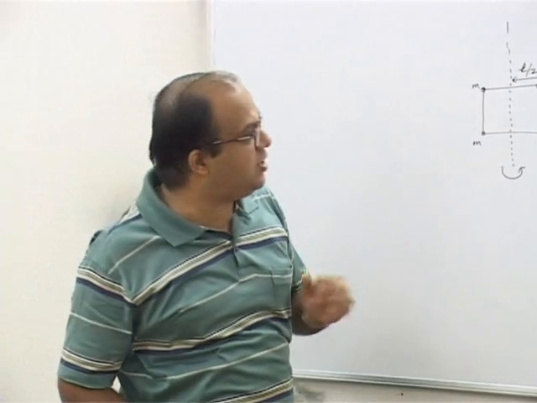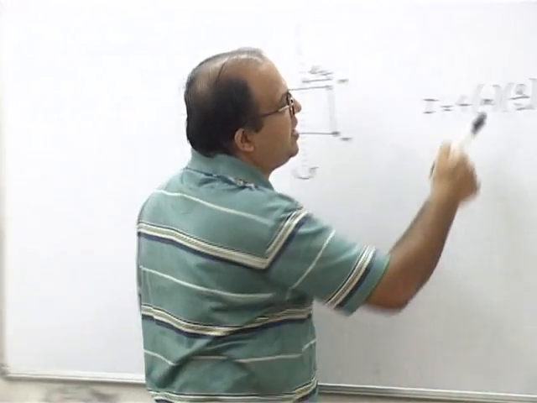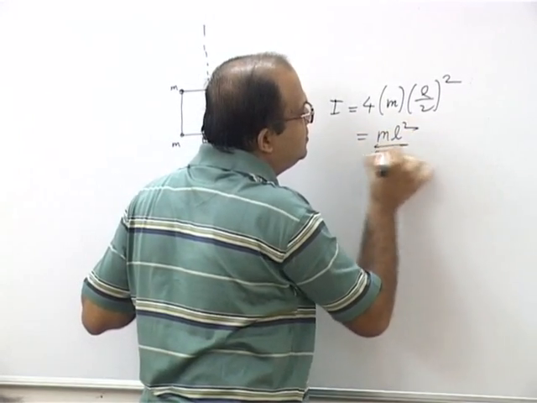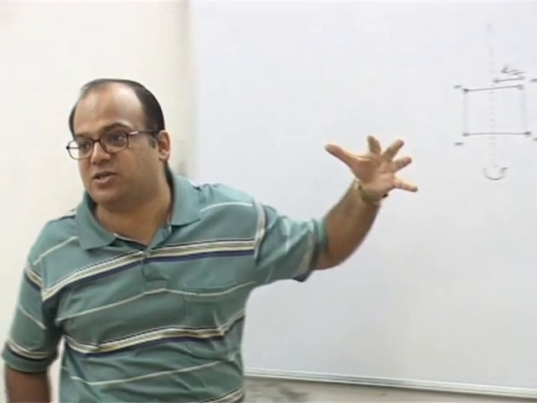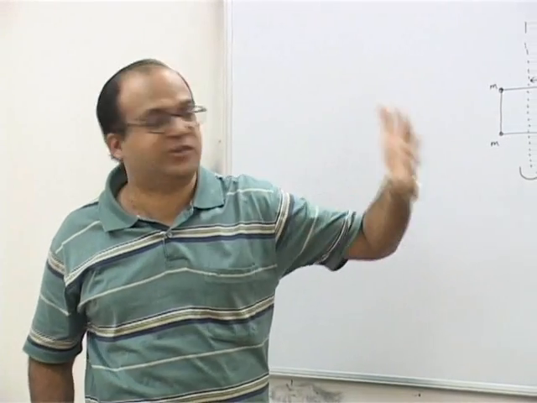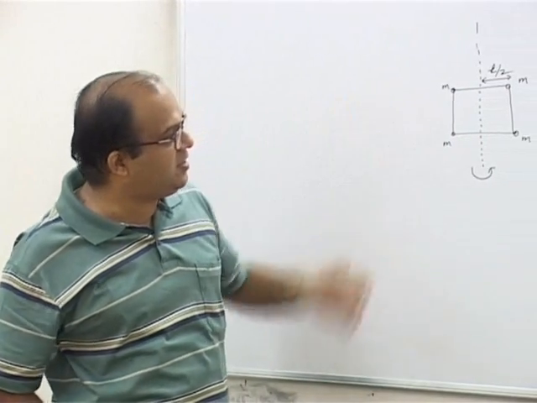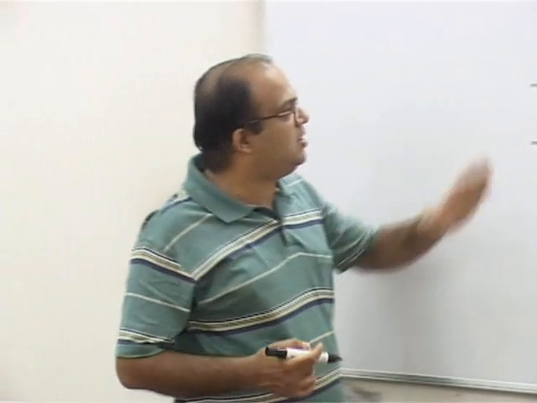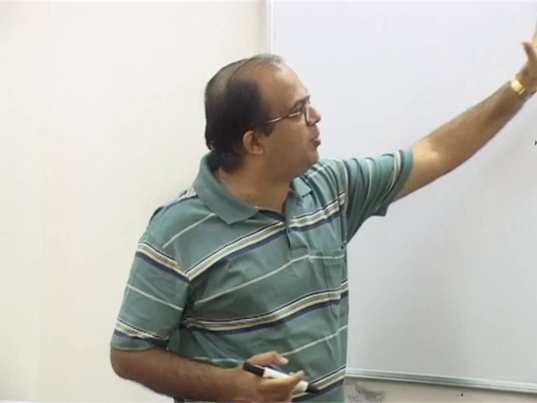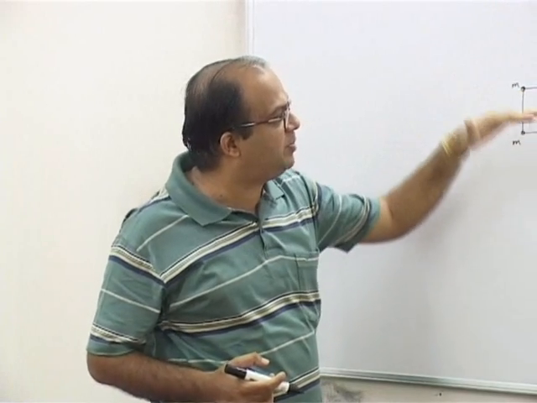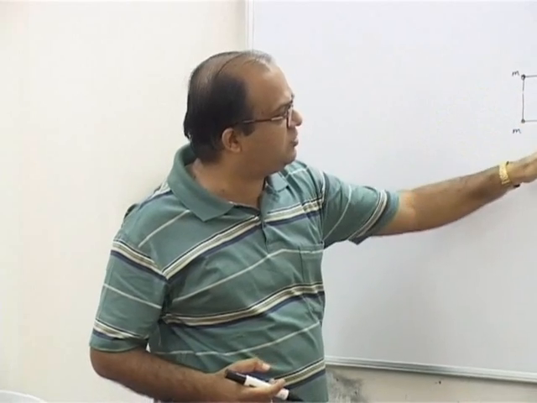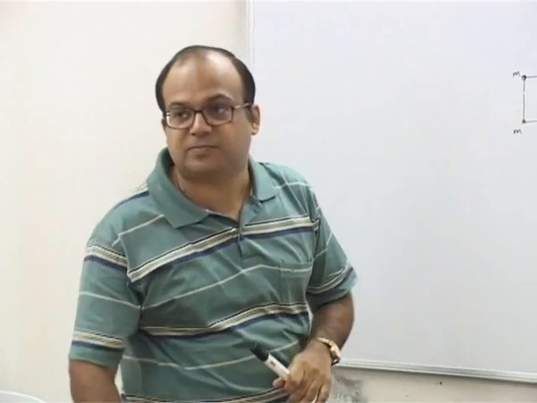So the moment of inertia now becomes, this is L square by 4, it is ml square. So when the axis changes, the moment of inertia of the body or the system changes. Earlier case, we have got 2ml square. Now we are getting ml square. This is the moment of inertia about the axis that is in the plane of the square, and it is passing through the midpoint of these two masses.